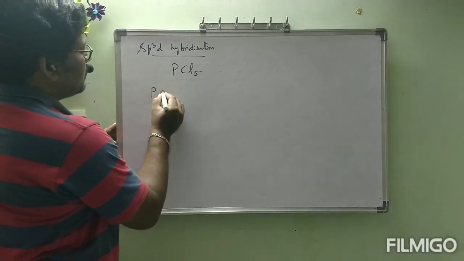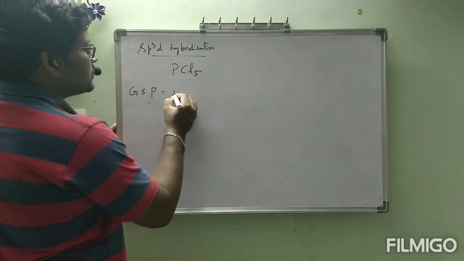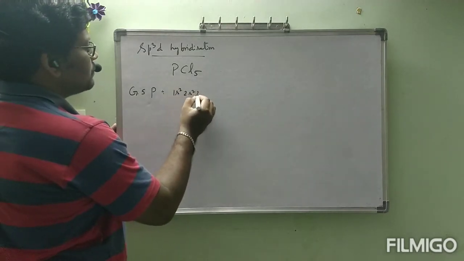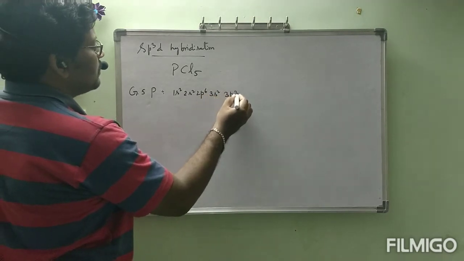Phosphorus atomic number is 15. The ground state electronic configuration is 1s2, 2s2, 2p6, 3s2, 3p3.